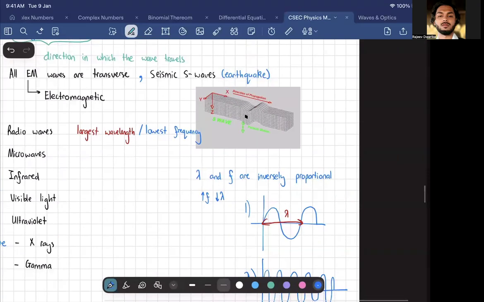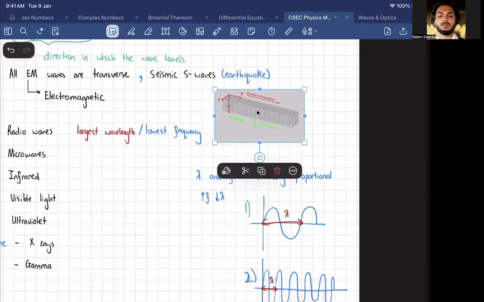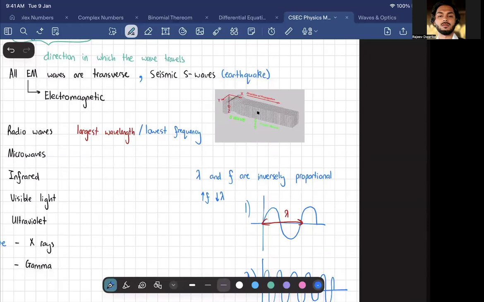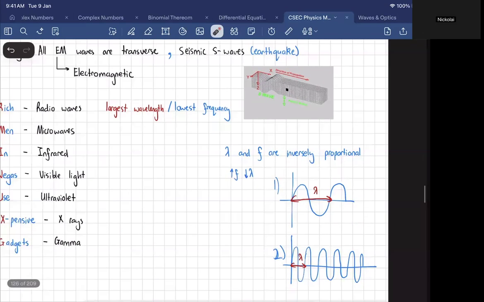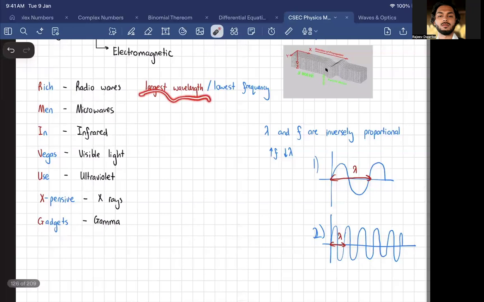Because Nikolai, do you understand that if one goes up, the other one will go down? Yeah. So if it has the largest frequency, it would have the what? The smallest frequency, the lowest frequency. That makes sense, right? Okay. And if this has the largest wavelength, what do you think this one will have?